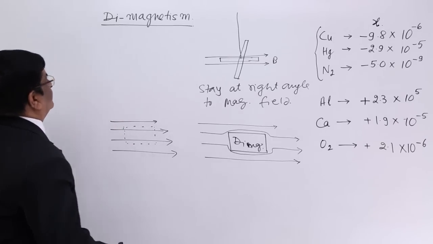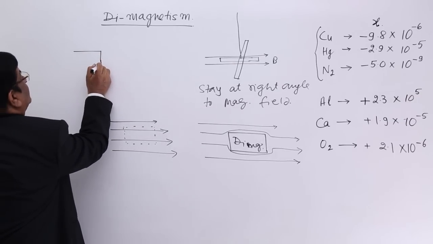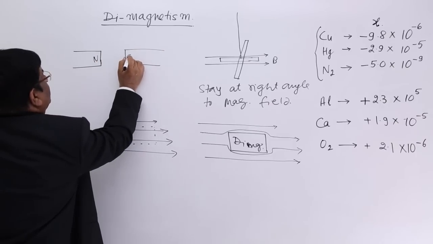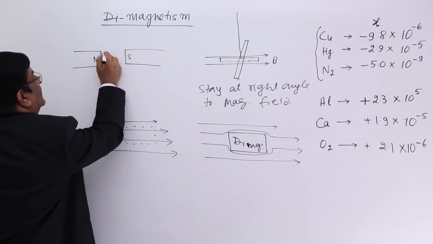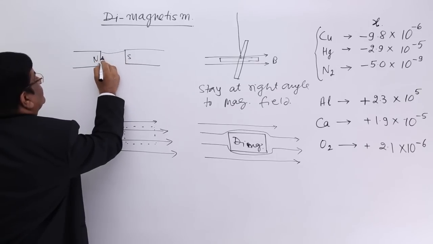See once again. We have two magnets here, north and south. They are very close to each other, and the magnetic field because of these two is like this.